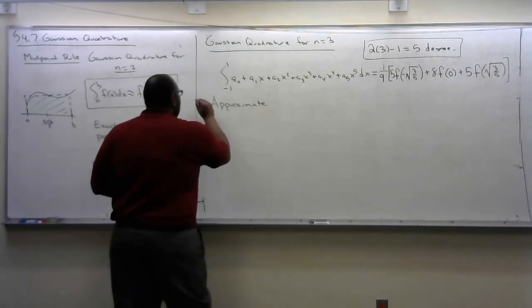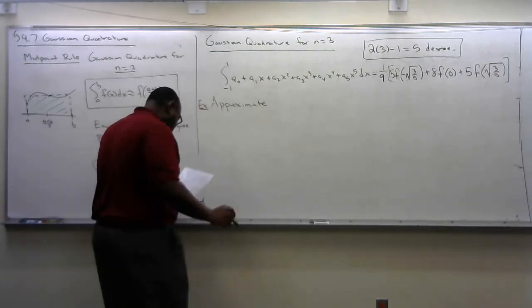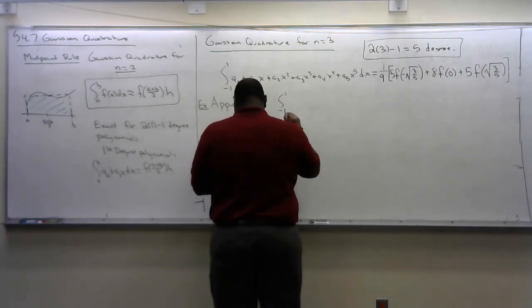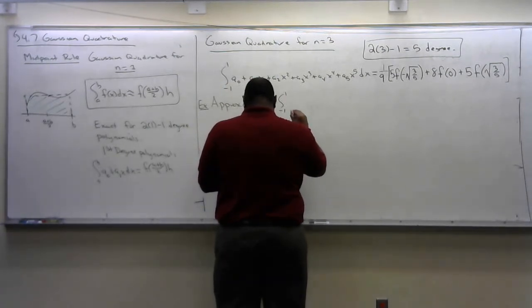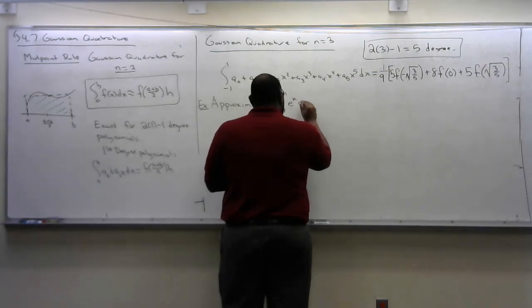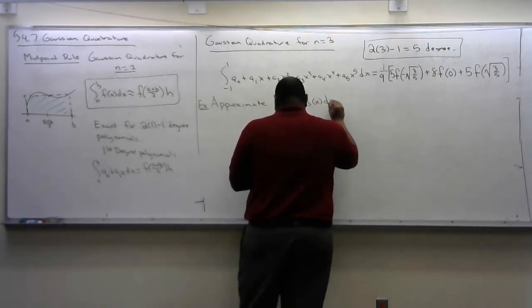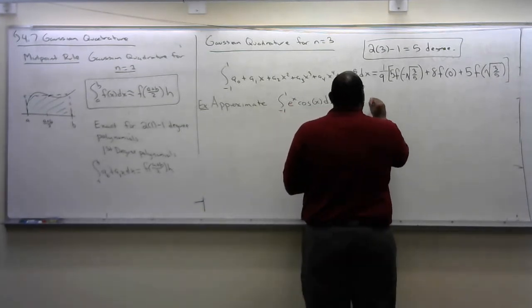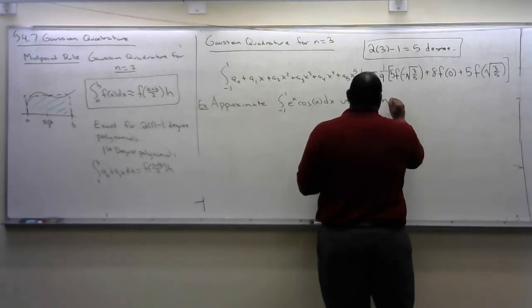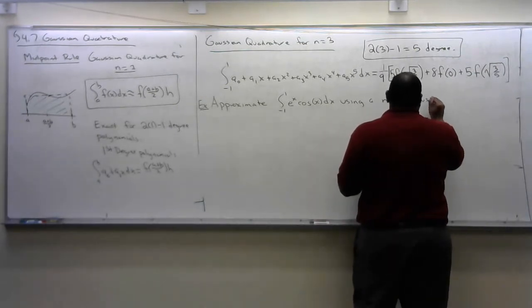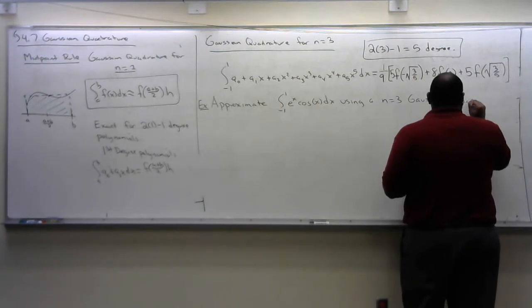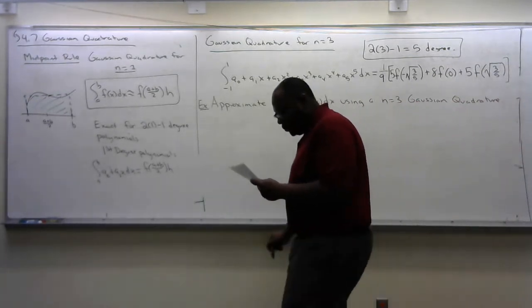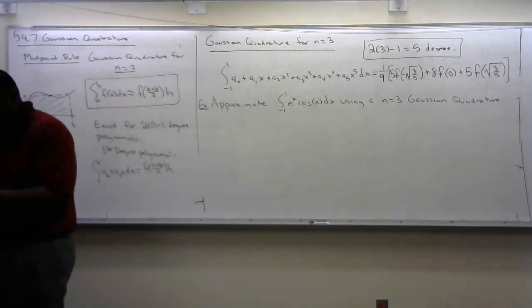I want to approximate the integral from -1 to 1 of e to the x cosine of x dx using an n equal to 3 Gaussian quadrature.